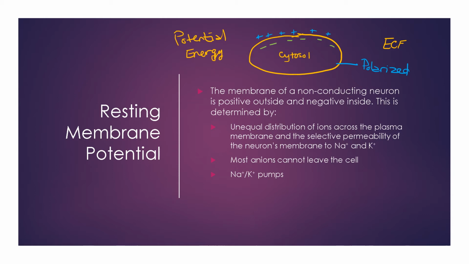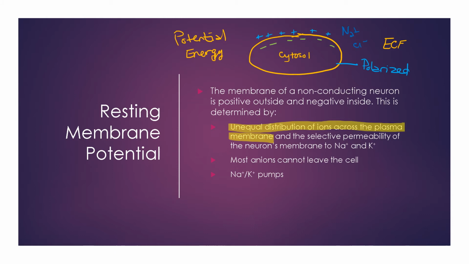So this first one, like I talked about on the top of this slide, is the unequal distribution of ions across the plasma membrane. This is the unequal distribution of ions in the extracellular fluid and the cytosol. The extracellular fluid is going to be really rich in sodium. So we have sodium out here, and also chloride ions.